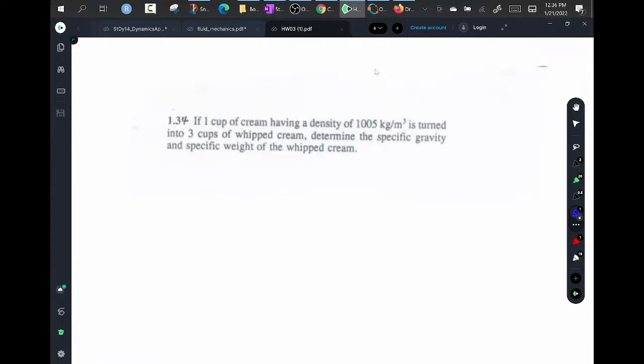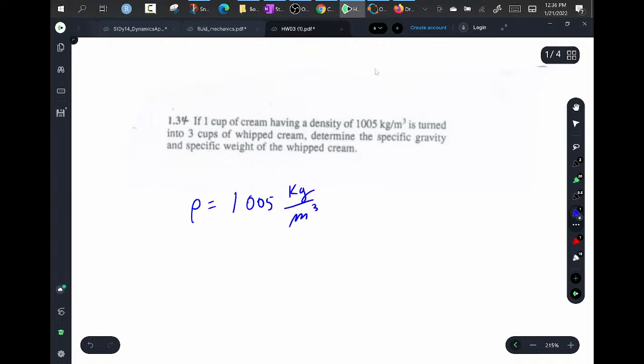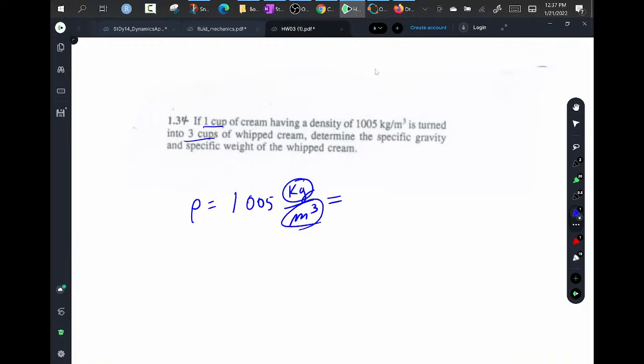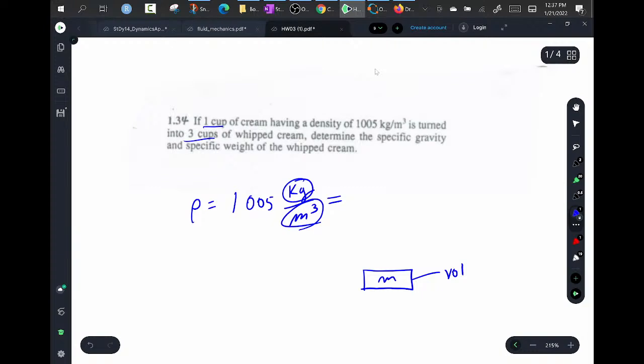So basically it says 1 cup of cream has a density of 1,005 kilograms per meter cubed. It's turned into, okay, I'm sorry, 1 cup is turned into 3 cups. So, you can look at it kind of like this. Well, I didn't change the mass, but I did change the volume by 3. So I took something that was whatever that volume is, and the mass, and then I went to 3.